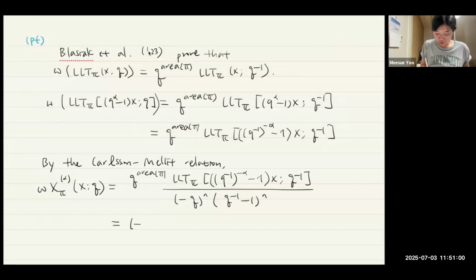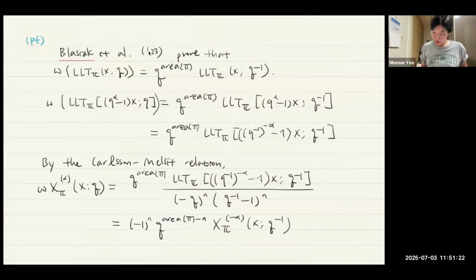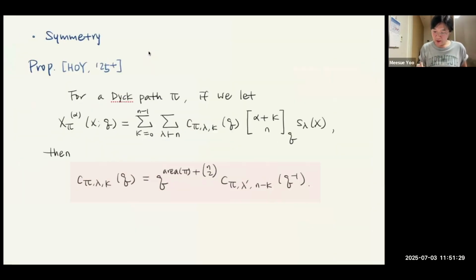But then this can be simplified to like this. And then this symmetry. So here we already have this function here. So you can basically put q inverse in here, and so this will be q inverse.